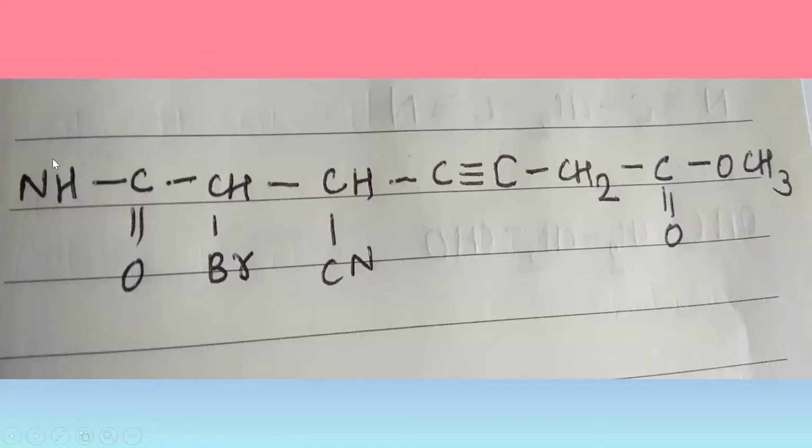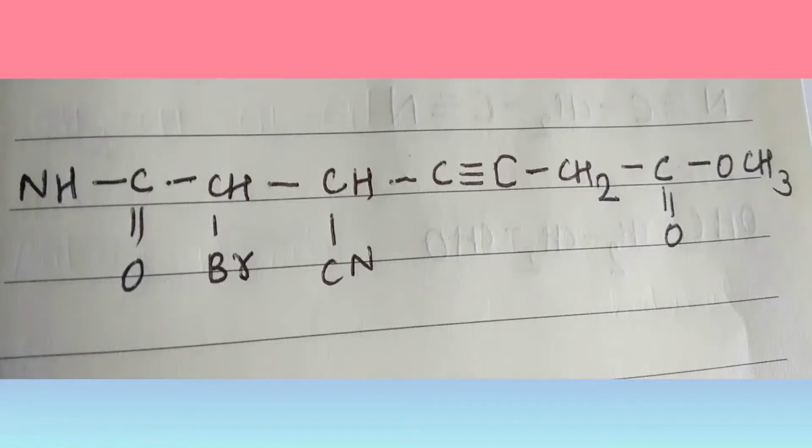Now we all know that the ester group gets the highest priority when compared to the amide group, the cyanide group, the bromine group, or even the triple bond. So we allot the serial numbers in such a way that the carbon that has the ester group attached to it gets the least locant.